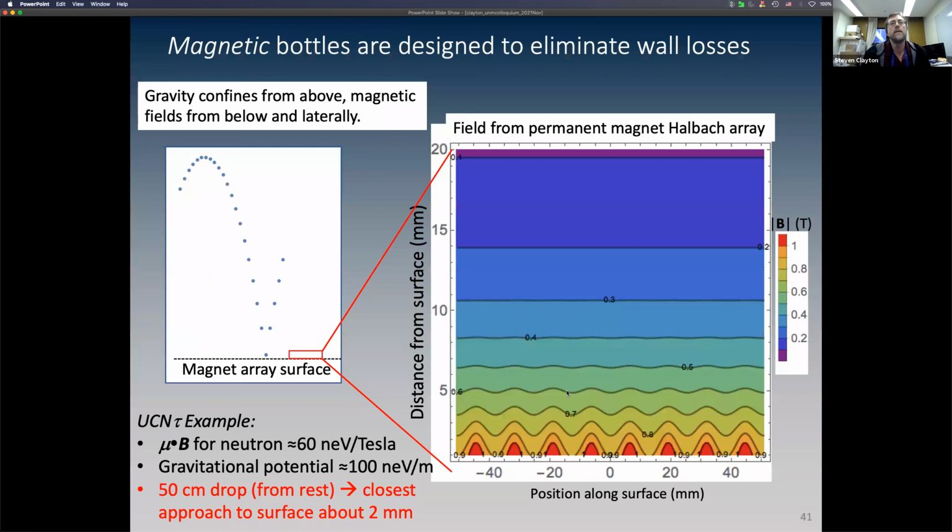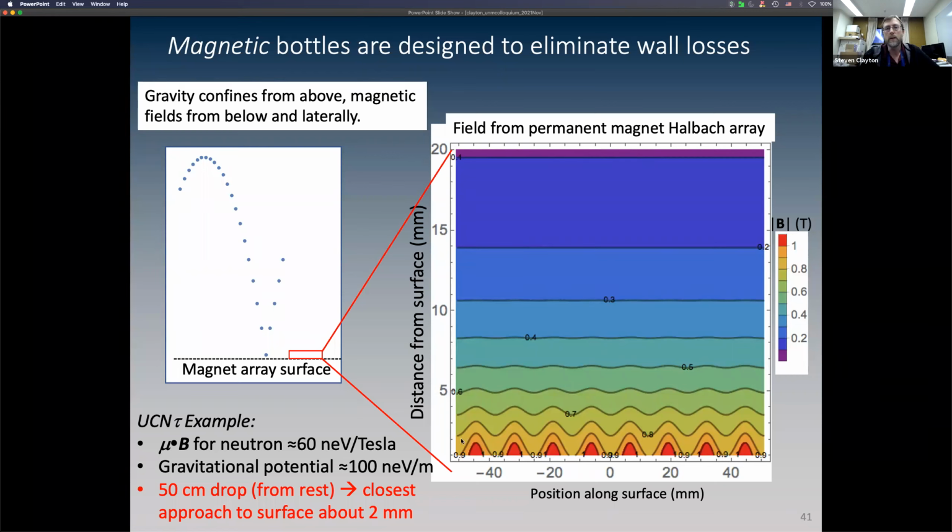Okay, so the alternative to dealing with the wall loss is to try to eliminate the wall losses completely. And so this is the approach that we've actually taken at Los Alamos. So similar to the Gravitrap, we have gravity. We'll use gravity to confine from above, however, we're using magnetic fields to confine it below and laterally. So with an appropriate magnetic array on the bottom, this is just showing the strength of the field.